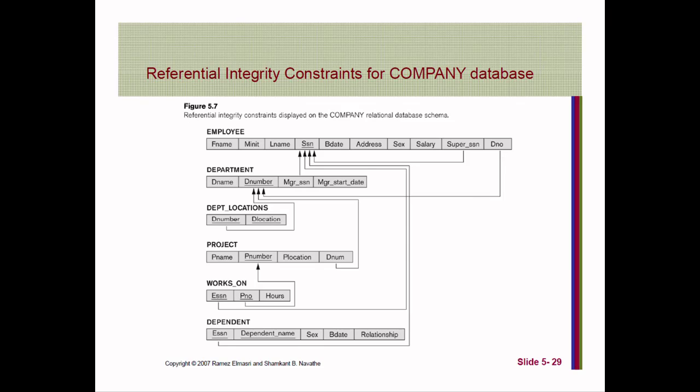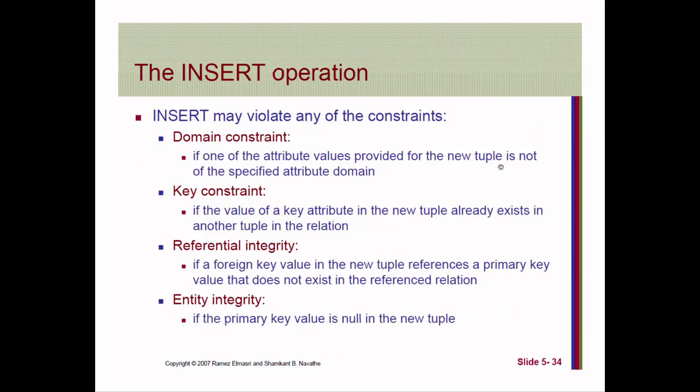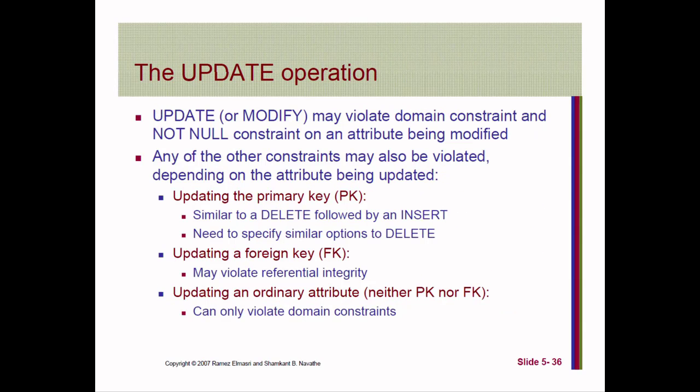And how to handle that? Again, the DBMS has 3 options. It can restrict or reject, meaning it is not allowed, so that update operation will fail. So it will cancel the update operation.